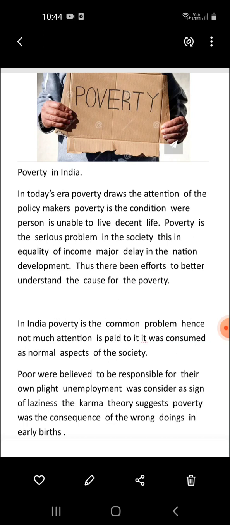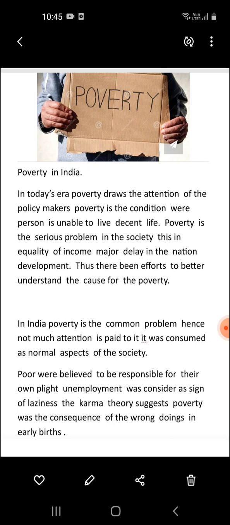Before independence, people used to believe in such things as the karma theory, but after we got independence in 1947, the policy makers and other people tried their level best to raise the level of income so that people can live happily without suffering a bad state or bad condition.